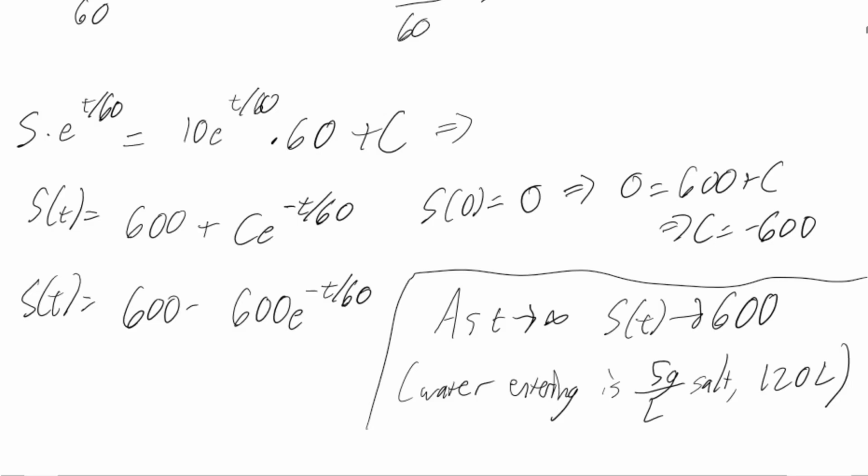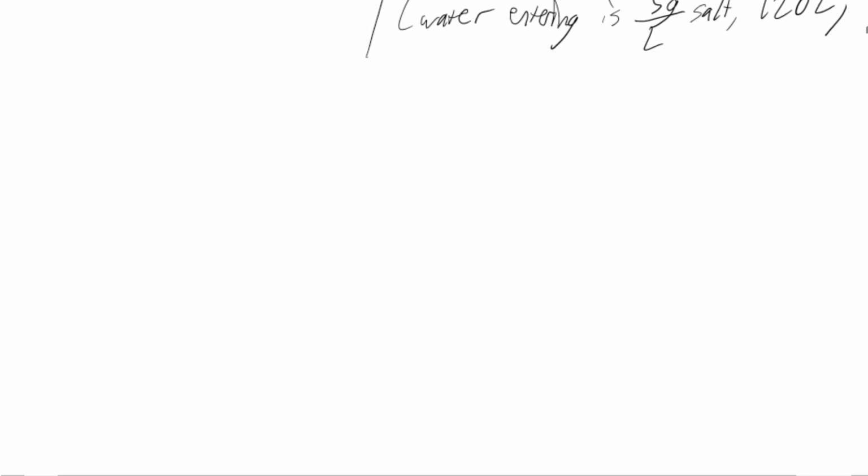So as time goes on, the mixture in our tank is going to have the same concentration as the water that's entering. The salt water that's entering has 5 grams per liter, so the tank should end up, as time goes to infinity, with 5 grams per liter. So this is a good sanity check, which you should always do.